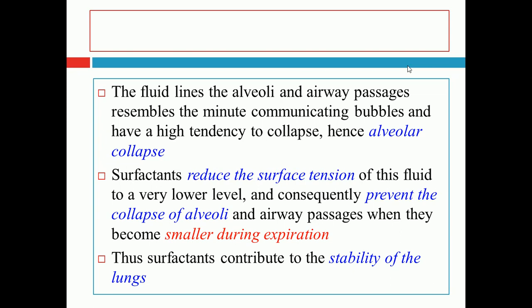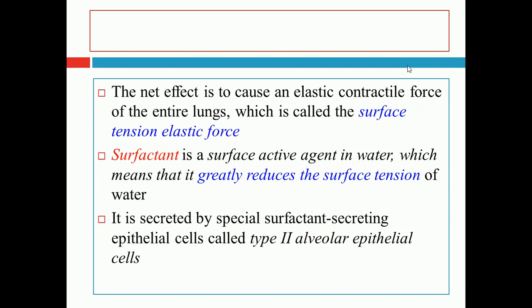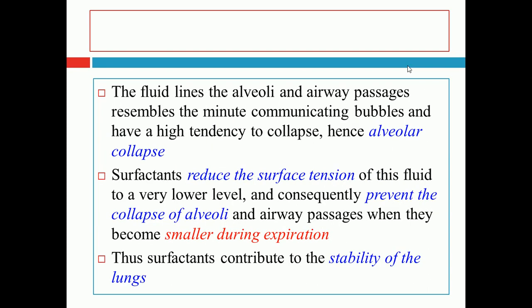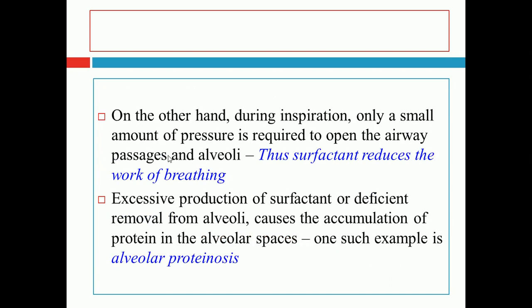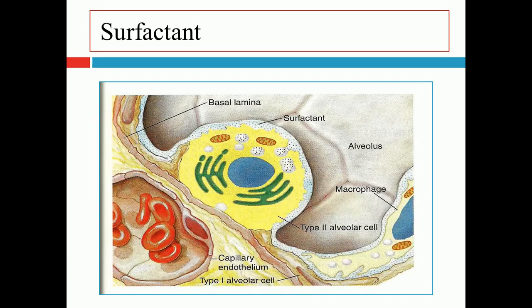Surfactants, or surface active agents, produced by type 2 alveolar epithelial cells reduce the surface tension and prevent alveolar collapse, and these contribute to the stability of the lungs, and obviously that will ease the breathing, and the surfactant will reduce the work of breathing.